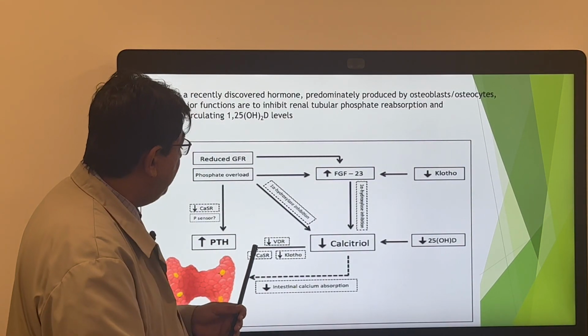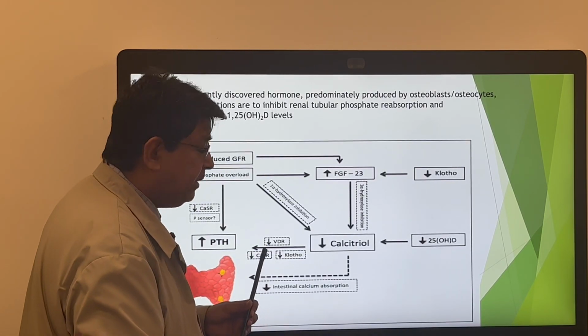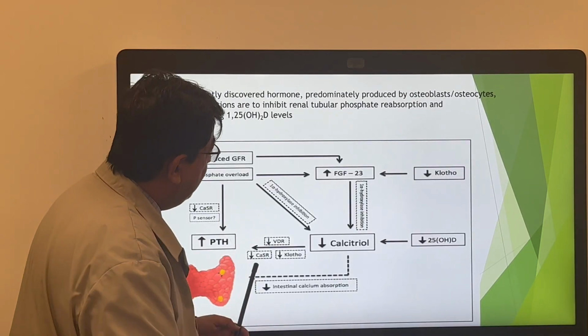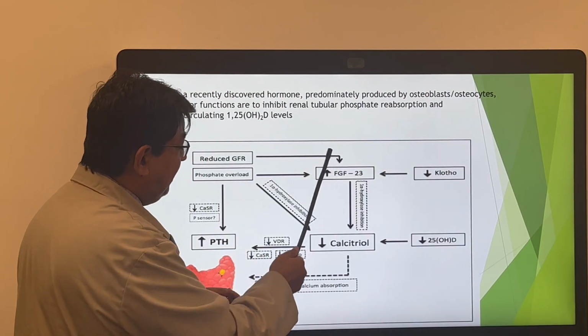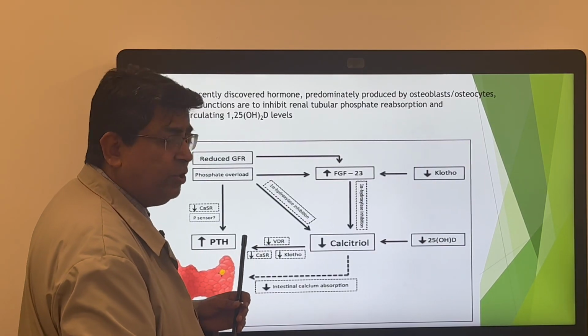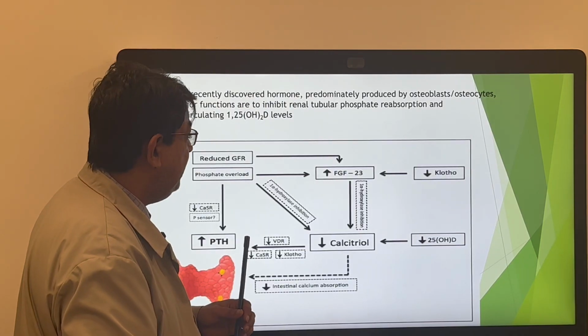The other thing to remember is that phosphate overload is very important, especially in chronic kidney disease. Phosphate overload will increase the levels of FGF23. FGF23 is a burgeoning hormone in nephrology and in physiology.